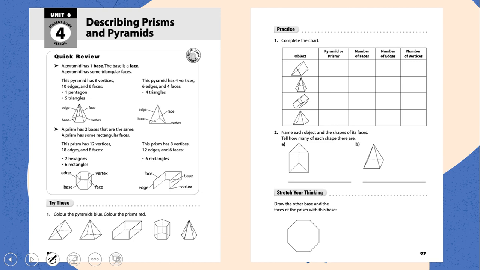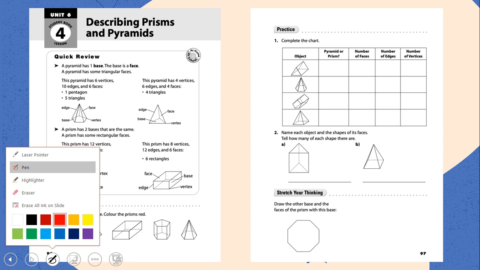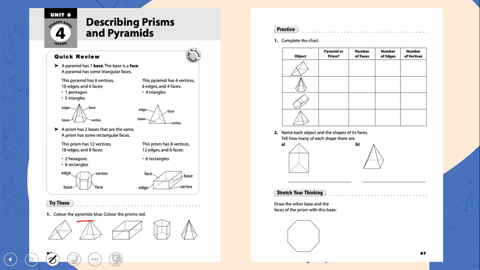So, your first job today is to go through and complete pages 96 and 97. You are going to look at the shapes for number 1, and all you're going to do is color the pyramids blue. Remember that a pyramid has one base and the pointy bit at the top.